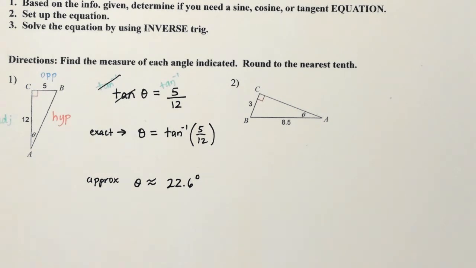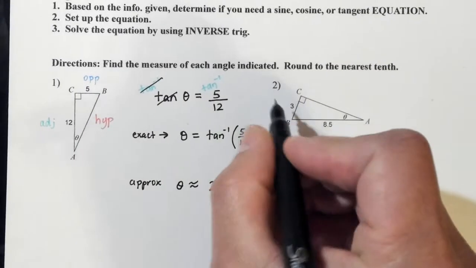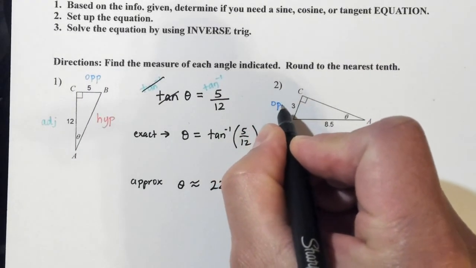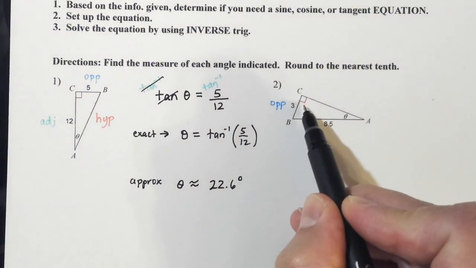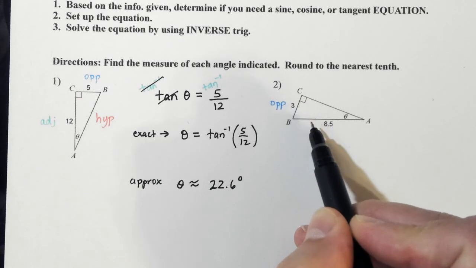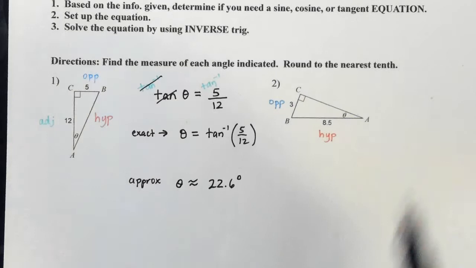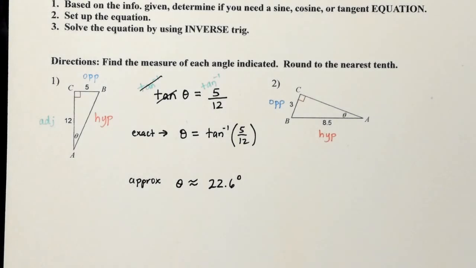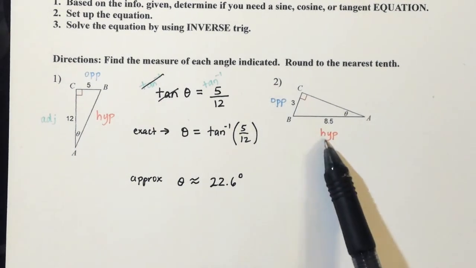Alright, here we go. So here's the angle we're trying to find. The side across from it is called the opposite side. The side across from the right angle is called the hypotenuse, and the other side, of course, is the adjacent side. So we are given the opposite side and the hypotenuse.